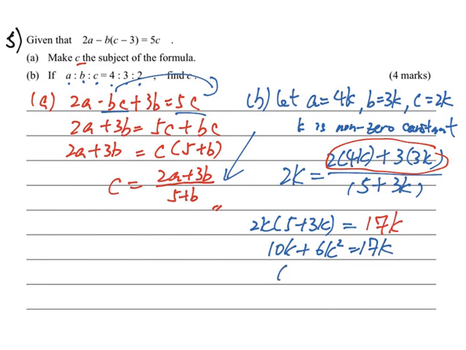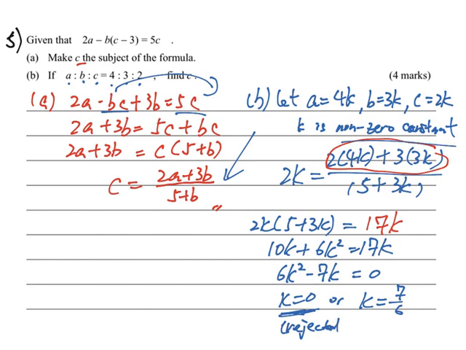Then we put it to one side, 6k squared minus 7k equals 0. Then you can use the calculator, you can get k is 0 or k is 7 over 6. For this, 0 should be rejected because k is a non-zero constant, as 0 times anything is also 0. So we'll consider k equal to 7 over 6.